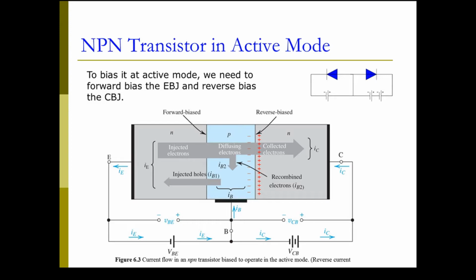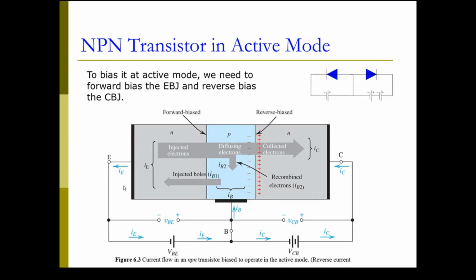On the other hand, the CBJ will be in a reverse bias condition and will give us a depletion region. In the depletion region, we will form an electrical field. In this electrical field, the right-hand side will be positive charge and the left-hand side will be negative charge, and that forms an electrical field there.